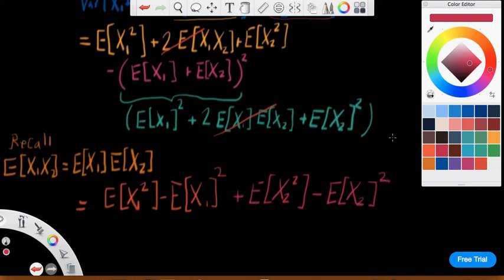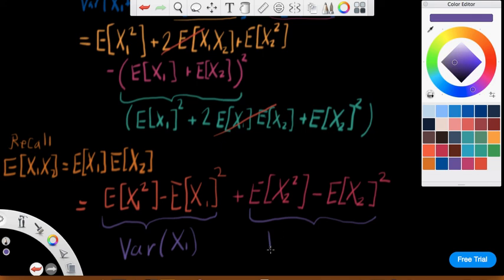Well, by what we proved in part A, that's coming in handy again. This part is just the variance of x1. And this part is just the variance of x2. That's the sum of these, so all of that is equal to that.